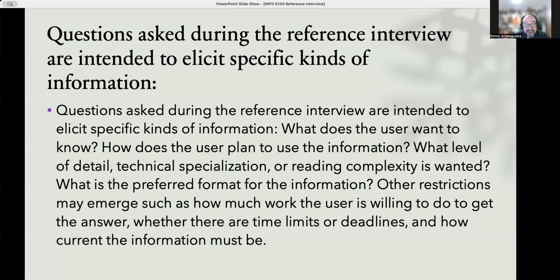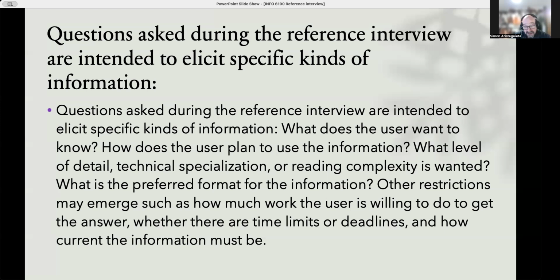How does the user plan to use that information? That's very important. Is that for a paper? Is that for general knowledge? Is that for entertainment? How does the user want to use that information? What level of detail, technical specialization, or reading complexity is wanted?